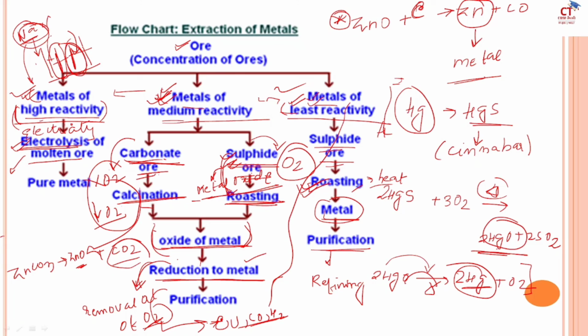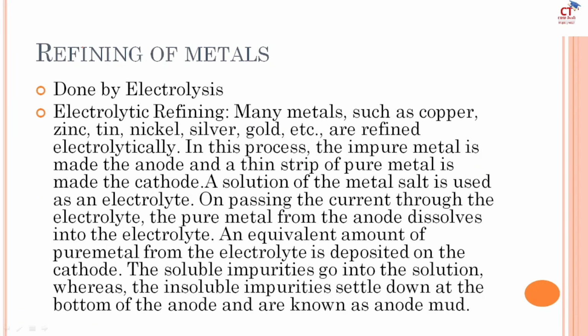Okay, the third step is refining of metals. Refining of metals is basically done by electrolysis, that is, passage of electricity. Electrolytic refining: many metals such as copper, zinc, tin, nickel, silver, gold are refined electrolytically.